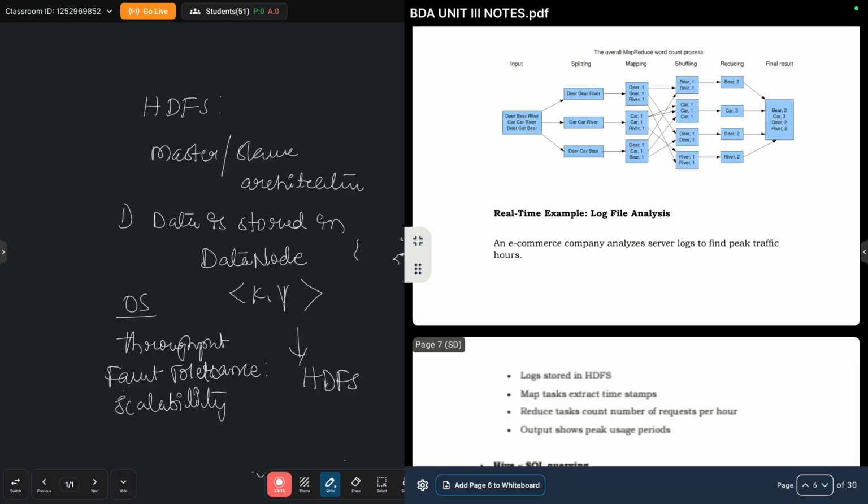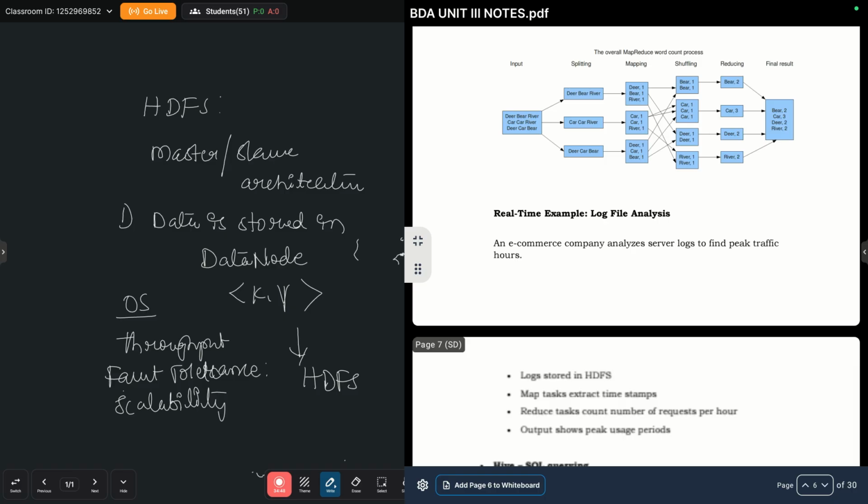So these are grouped together, bear 1, bear 1. Coming to the second shuffling phase, we have car appearing 3 times. Car is here in the second mapper, appearing 2 times, and here 1 time. Like this, all are shuffled.